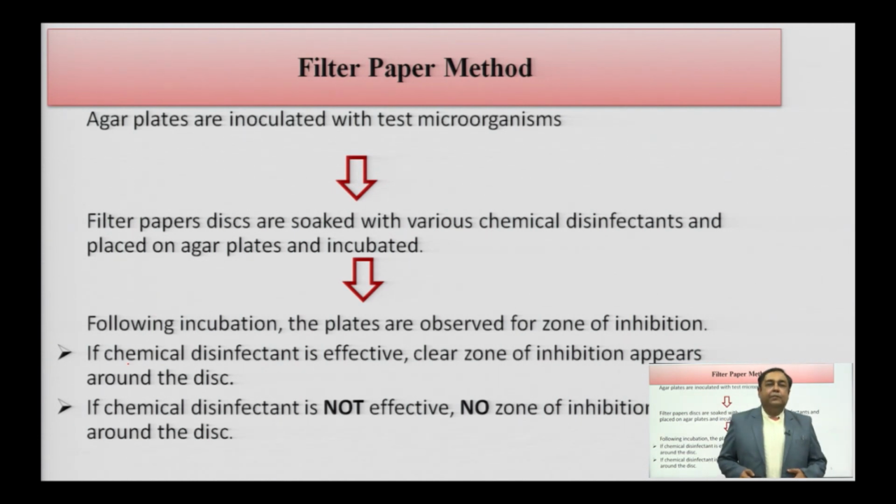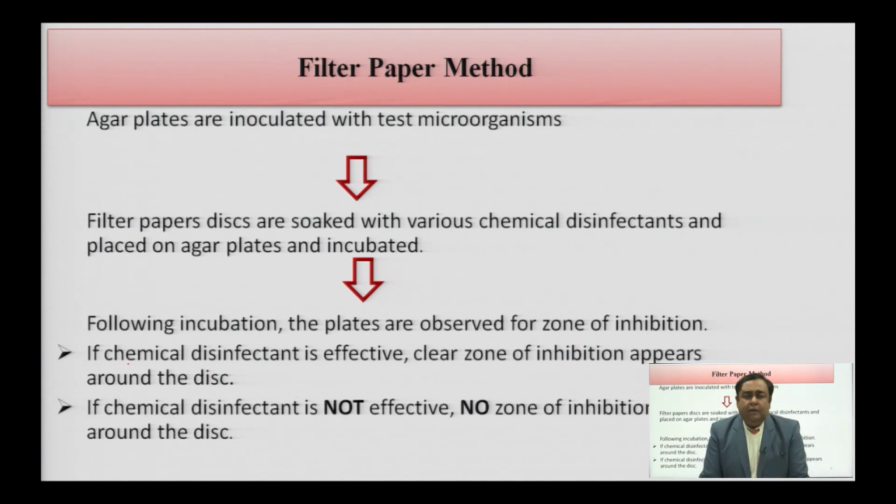Whenever we add the discs soaked with varying concentrations of the disinfectant or any chemical, in certain situations there will be a zone of inhibition, and in certain situations there will be no zone of inhibition. If that chemical substance does not have any inhibitory capacity, obviously there will be no zone of inhibition, because the microorganism was not inhibited.